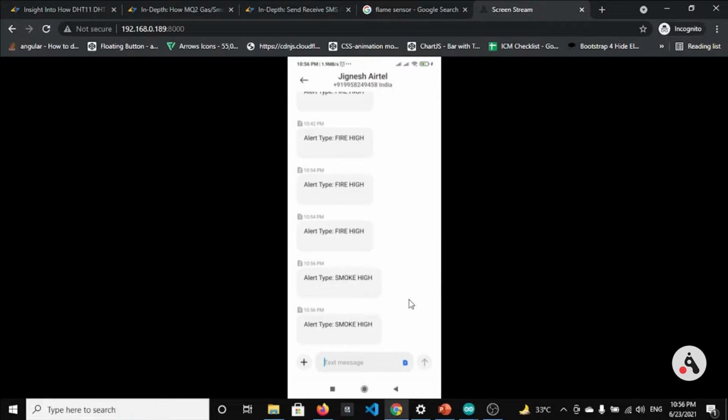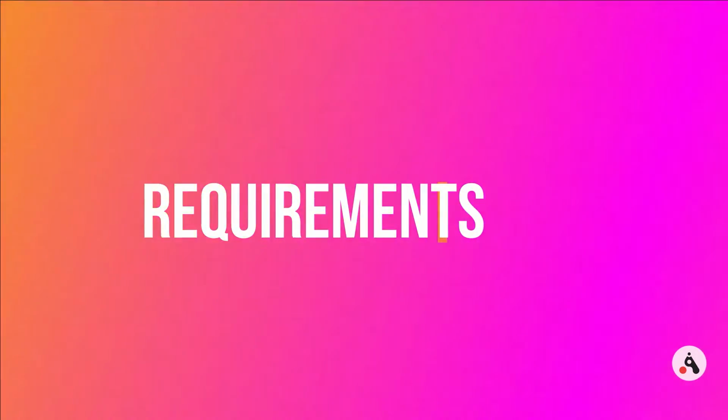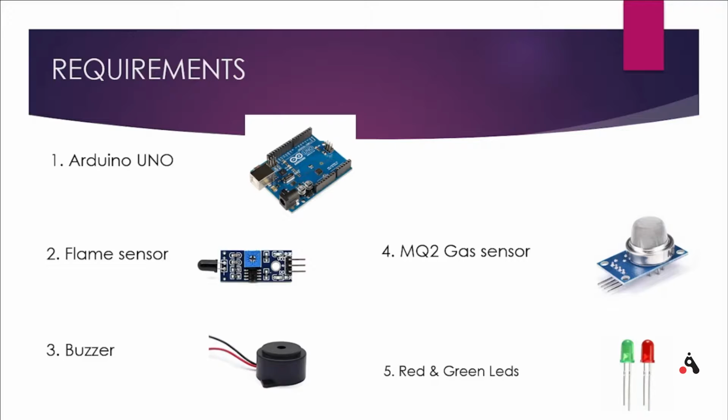We are going to discuss each and every part of this project. The requirements of this project include an Arduino Uno board, a flame sensor, an MQ2 gas sensor, a buzzer, and red and green LEDs.